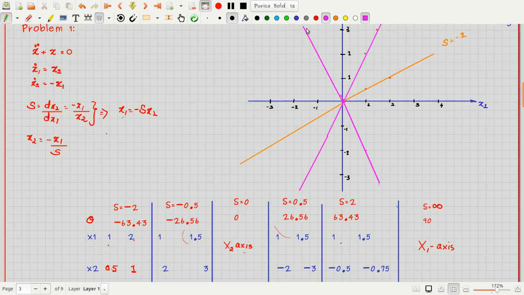Then the next line is 1 and minus 0.5, and the next point is 1.5 and minus 0.75. 1.5 and minus 0.75 is somewhere here. So this also is a straight line.